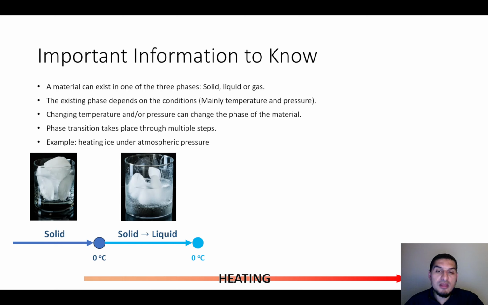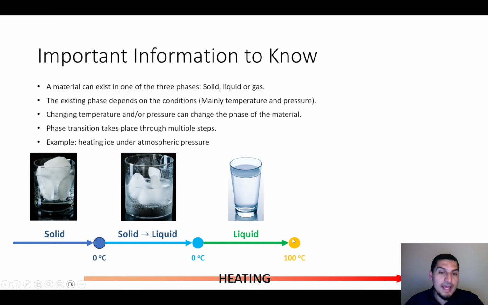And then after all the ice melts, it's now liquid at 0 degrees Celsius, and it will gain more heat. The temperature increases from 0 to 5, 10, 15, 20, and so on until it reaches liquid water at 100 degrees Celsius. Then more heat gained will lead to the evaporation of water.